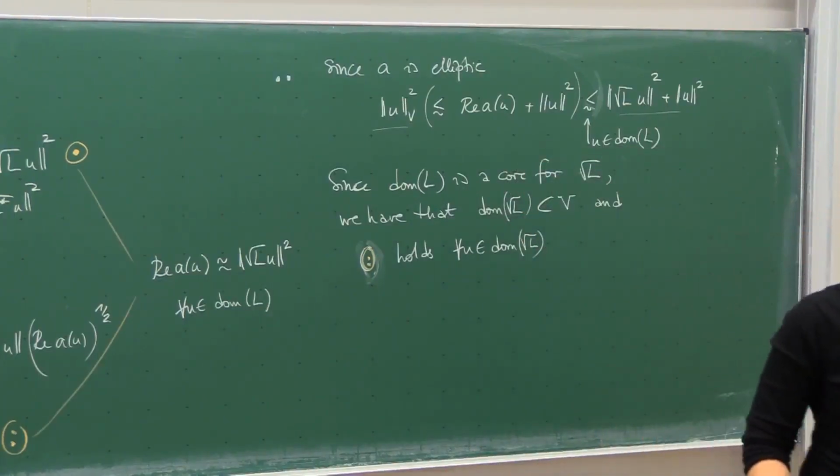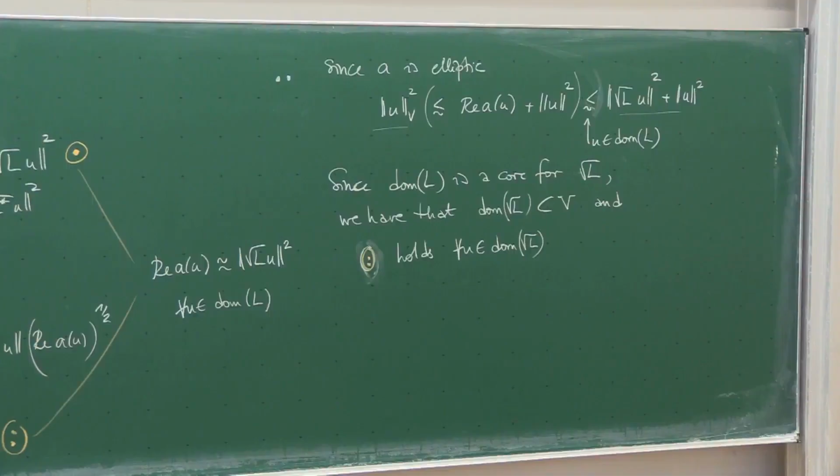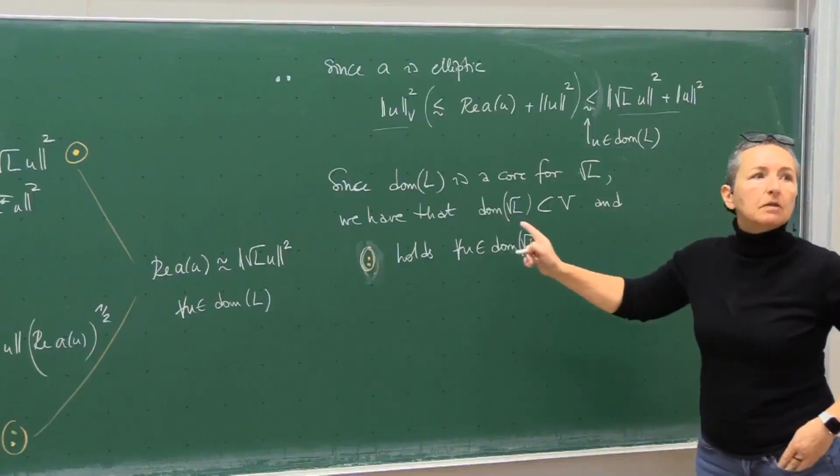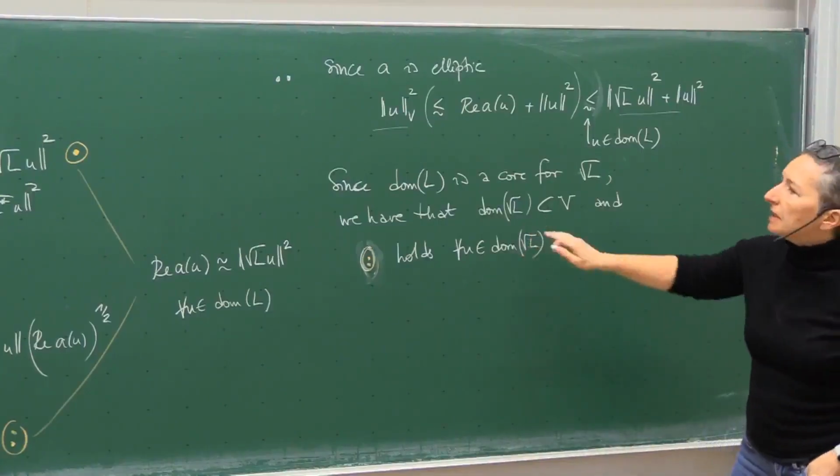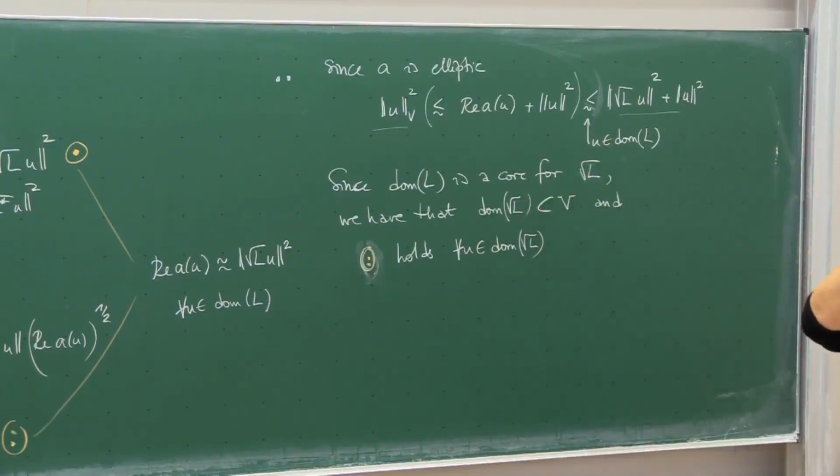Do you need more explanation at that point? This is by density, right? So it's as before. You take a sequence uk in the domain of L, which converges to u in the domain of the square root of L, and so on. Okay.